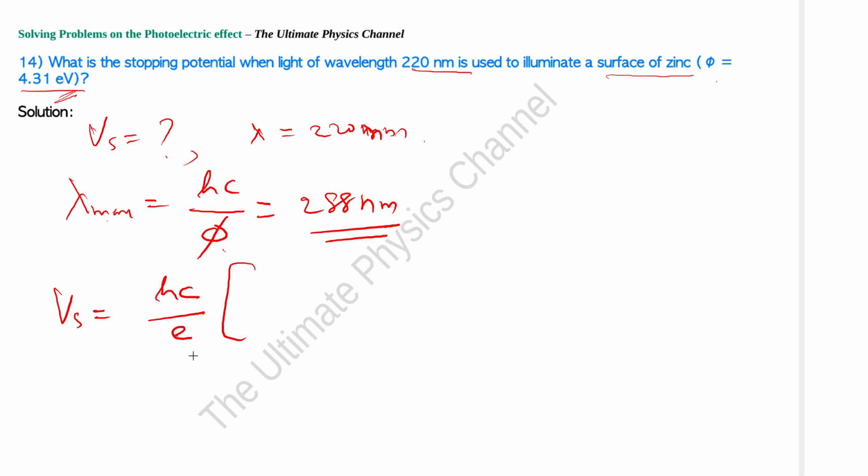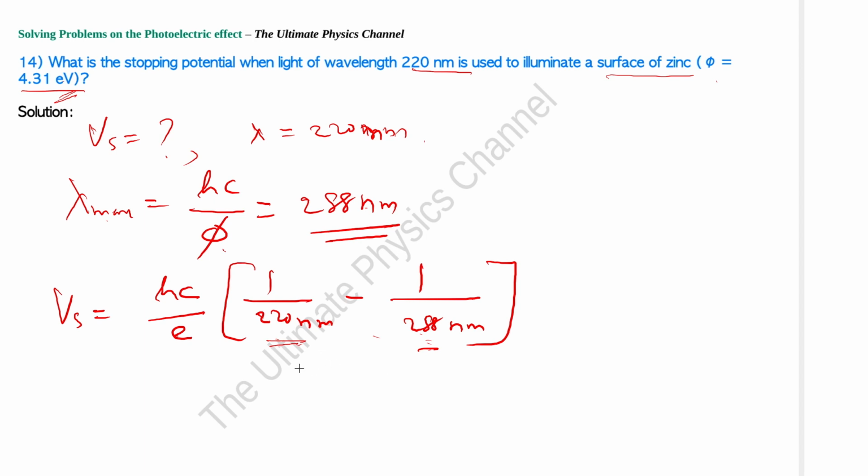So if you bring the e there, it will be 1 over lambda used, which is 220 nanometers in this case, minus 1 over 288 nanometers. That is lambda max. The wavelength that is used must be less than the maximum wavelength, so that is also okay here.